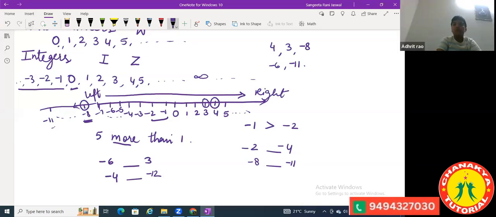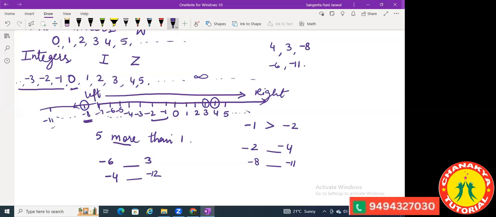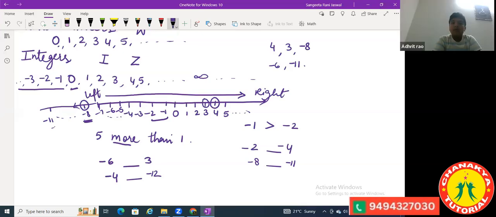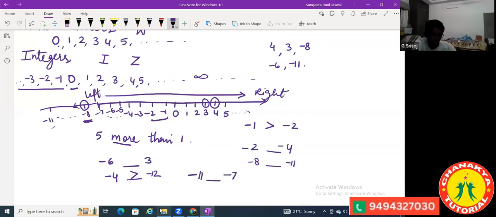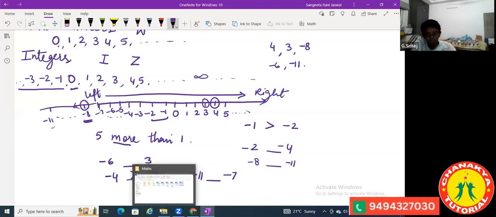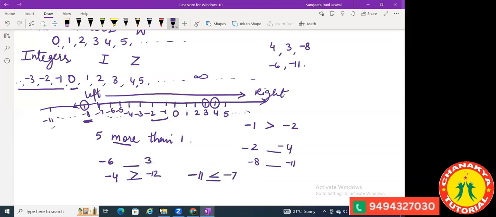Adrit, which is greater here, -4 and -12? -4, because this is towards the right side. Sritej, which is greater here? -7.